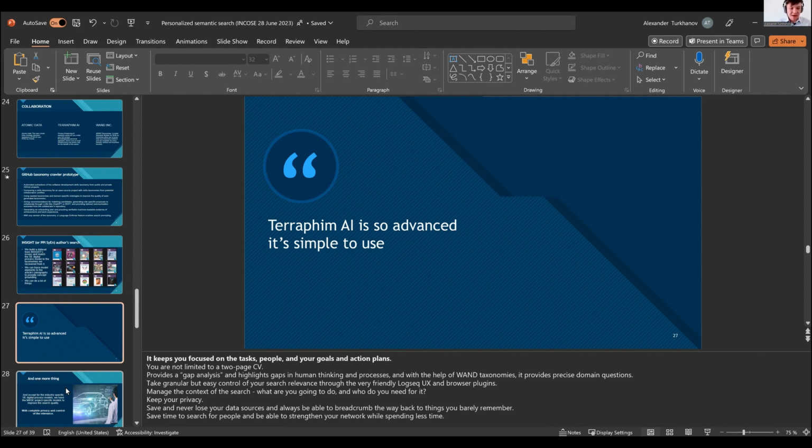It's fascinating, I think. And finally, it provides you a gap analysis and highlights gaps in your knowledge, in your project plans and processes, and allows you to work on it.